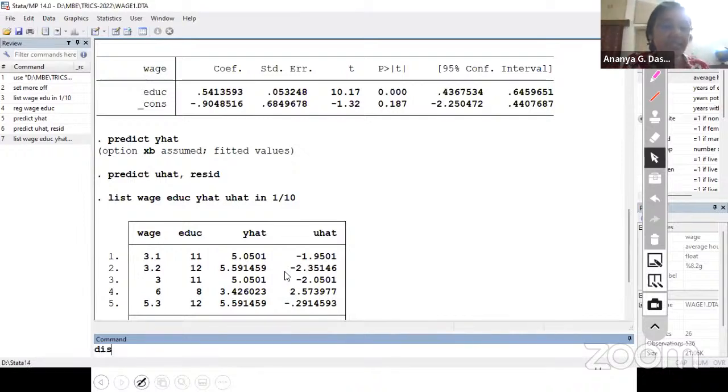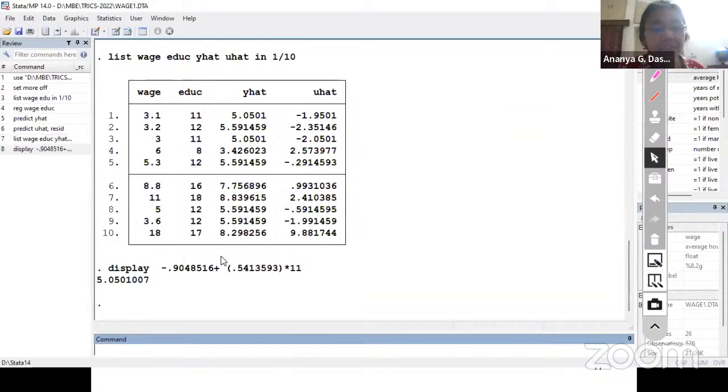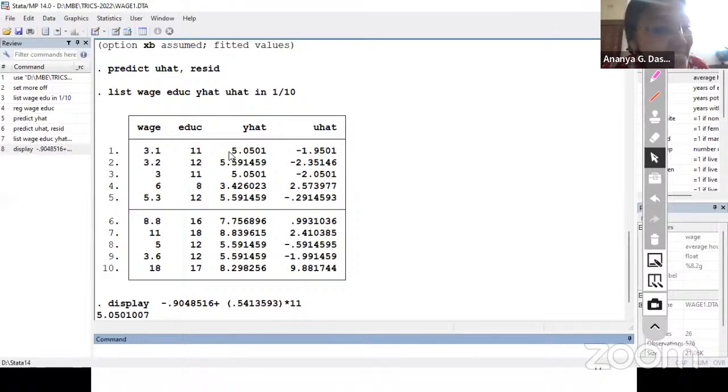My model is predicting this: alpha hat, which is minus 0.9, plus beta hat into 11, since this person has 11 years of education. So here you can see 5.0501.